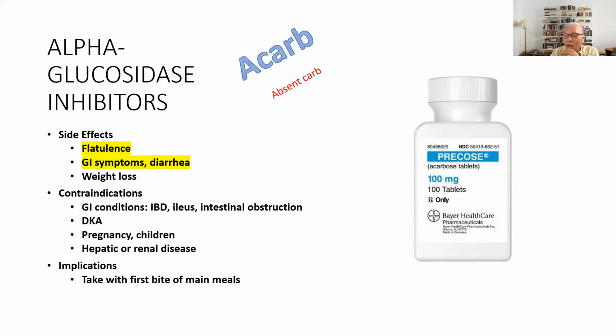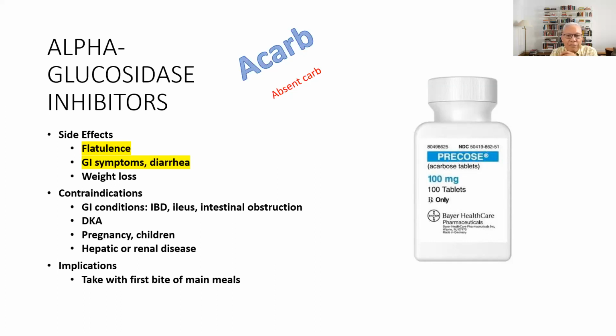Now, the contraindications of these drugs are any GI problems, for example irritable bowel disease, ileus, or intestinal obstruction, because you're interfering with the absorption of nutrients in the GI tract. Pregnancy and children are also contraindicated.